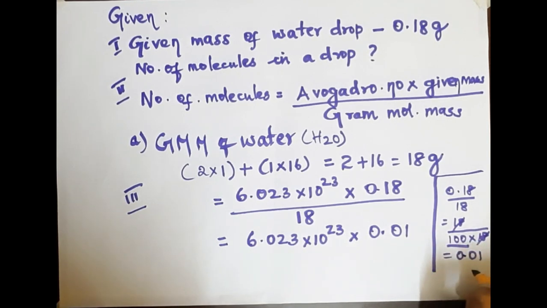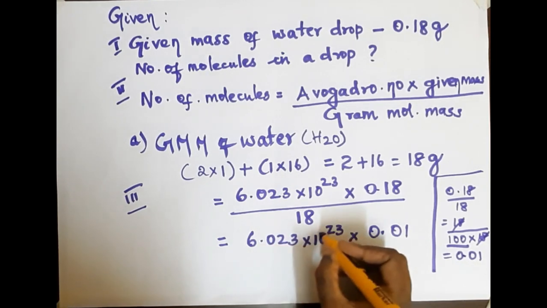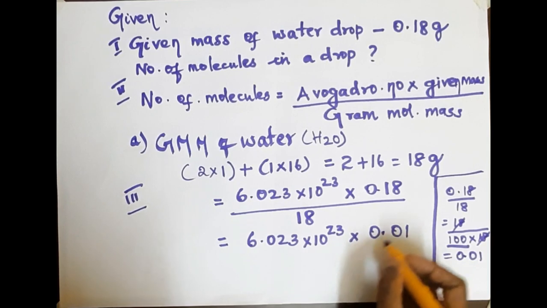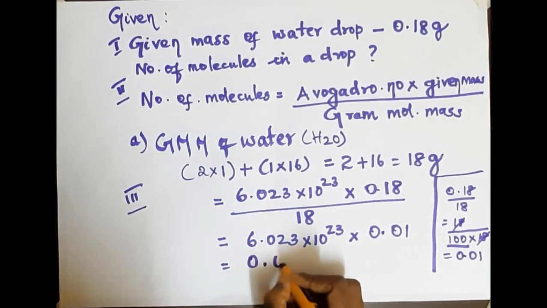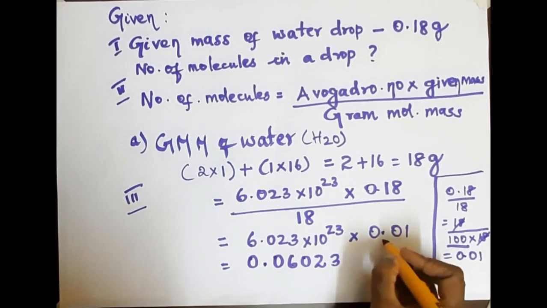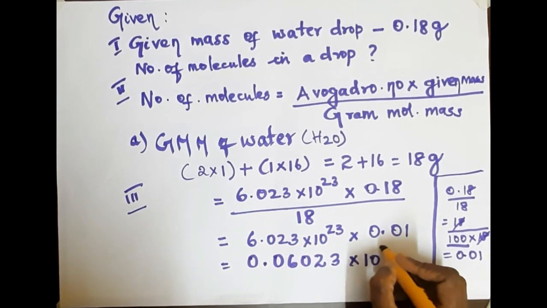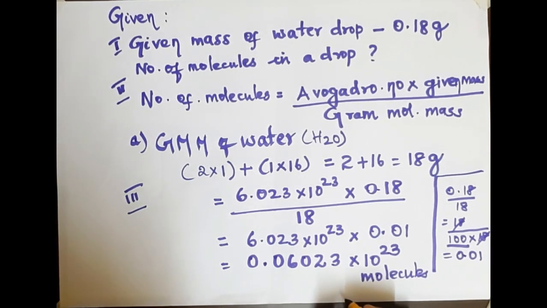That is 1 by 100, which is 0.01. So the answer is 6.023 into 10 power 23 into 0.01. Now listen here, we can multiply this. See here, 0.06023, we have moved 2 zeros here, into 10 power 23 molecules.